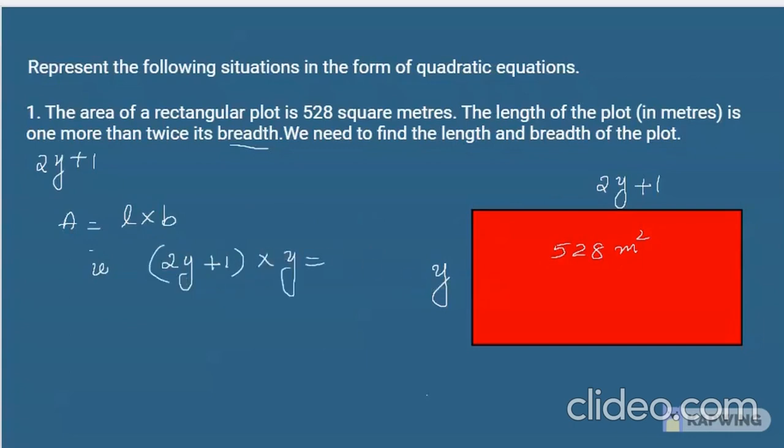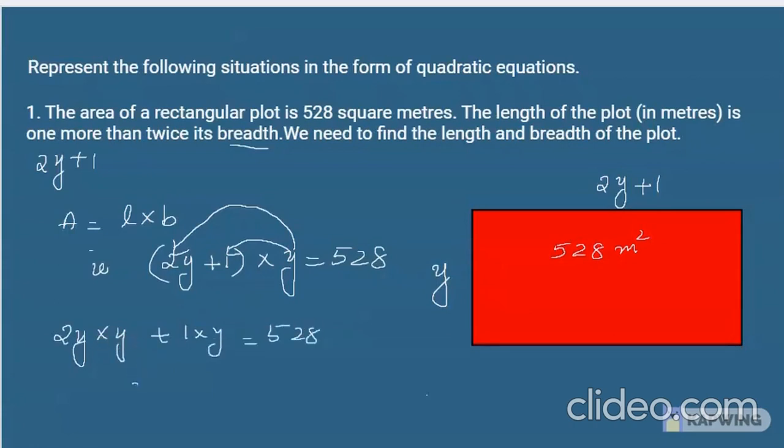y is equal to 528 meters square. Now we can apply the distributive law. When you open the bracket, first multiply the first term with y, then the second term with y. So that is 2y into y plus 1 into y is equal to 528.